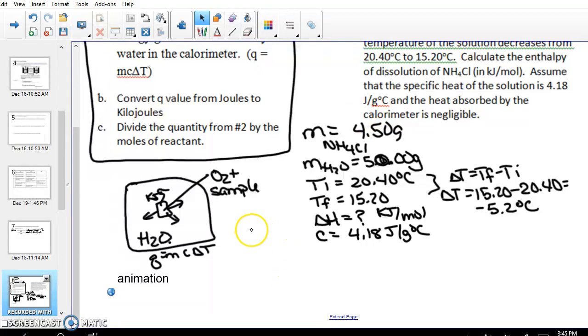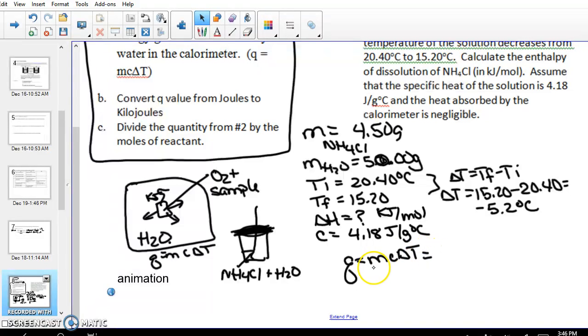This is a coffee cup calorimeter example. So imagine I'm using a styrofoam cup, pretty insulated. Over the top of that, I'll have some styrofoam or cardboard, and I'll put a thermometer down through that. In my coffee cup calorimeter, I've got the salt, the ammonium chloride, and the water mixed together. They're not separate. So when I'm trying to figure out how much heat energy that water absorbed or released, I know I'm going to use Q equals MC delta T, but the M here is going to be the mass of both my ammonium chloride and my water because they're all in the same container.